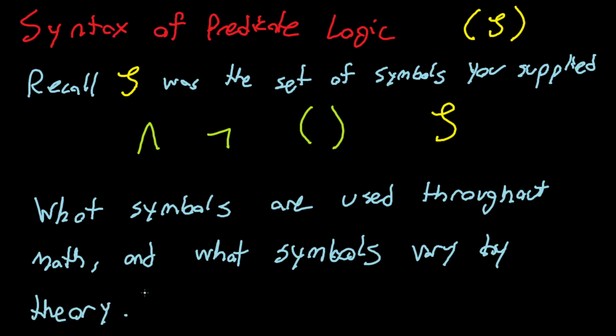And remember, we're building a syntax right now, so the goal is I can write down a sentence, and I can determine if that sentence is a legal sentence of predicate logic or not. That is the end goal for this episode.